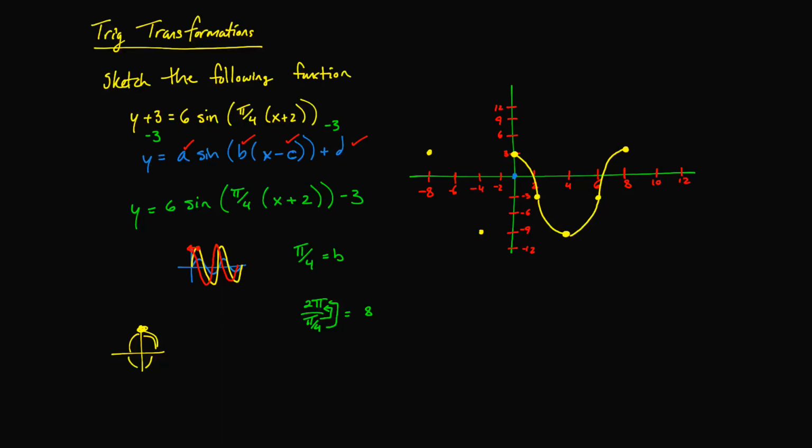I'm going to undo that. This is where you got to do a little bit better on your sketches. And that turned out horribly. But you get the idea. So this is your function. y equals 6 sine of pi over 4 times x plus 2, minus 3.